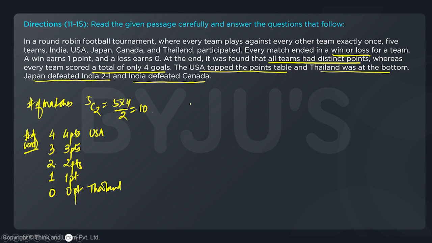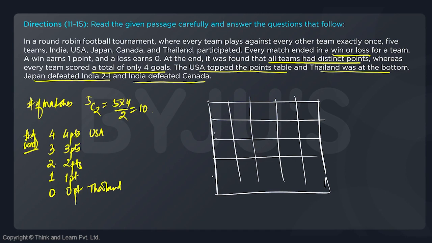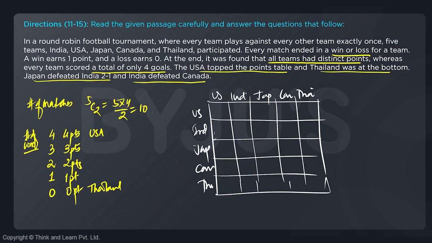Now, the next step is to draw a matrix with 5 rows and 5 columns, right? So this is how we deal with round robin scenarios. And then we are going to have US, India, Japan, Canada, and Thailand as the column names. Then US, India, Japan, Canada, and Thailand as the rows.